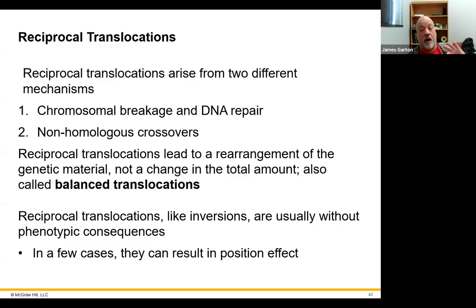They change where the genes are, but they don't cause loss of any genetic material, and so they tend to be referred to as balanced translocations. Now, in your somatic cells, these are usually not going to have any major consequence. Every now and then, those translocations can result in a position effect and change the level of gene expression, and that can cause problems.